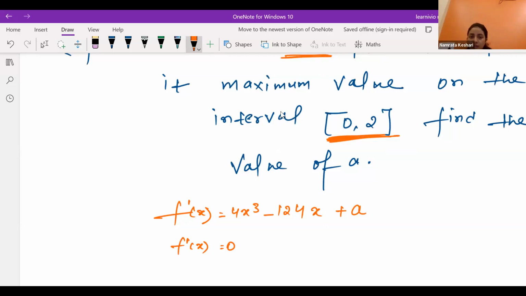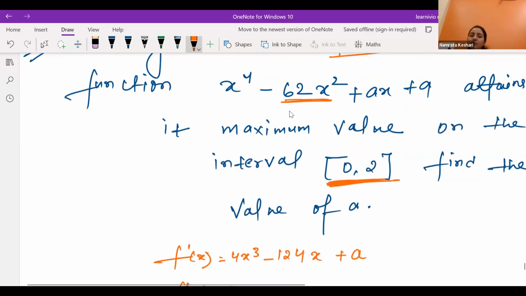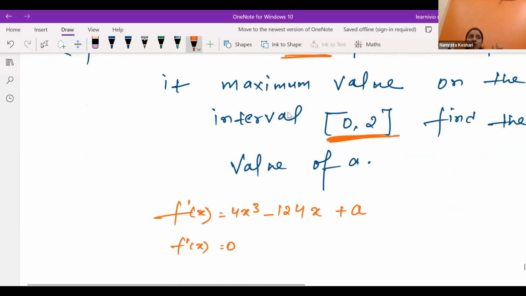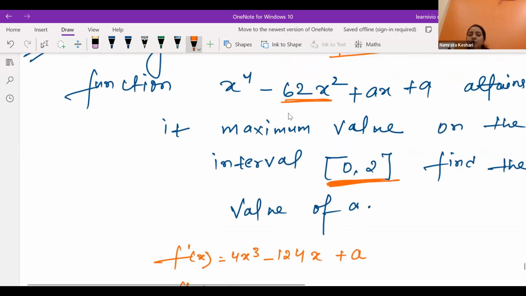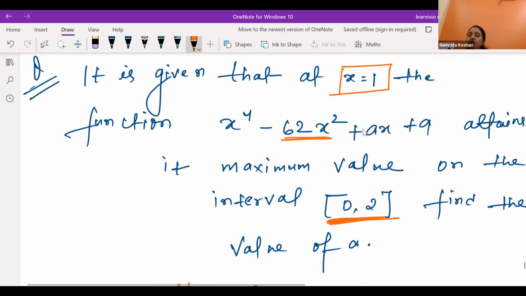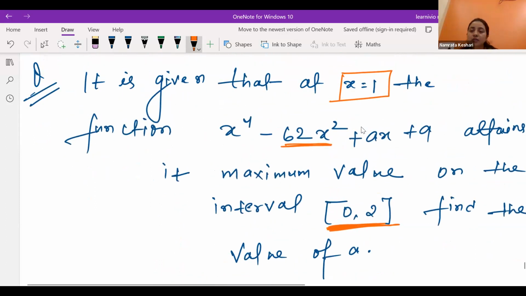We can say that, if the function is attaining the maximum value at 1, here it's not written absolute maximum or absolute minima, just the maximum is written. Whenever this terminology is there, maxima, minima, we'll be thinking about it as a local maxima, local minima. So whatever maximum value is there at 1, 1 must be the critical point, right, Fatima?